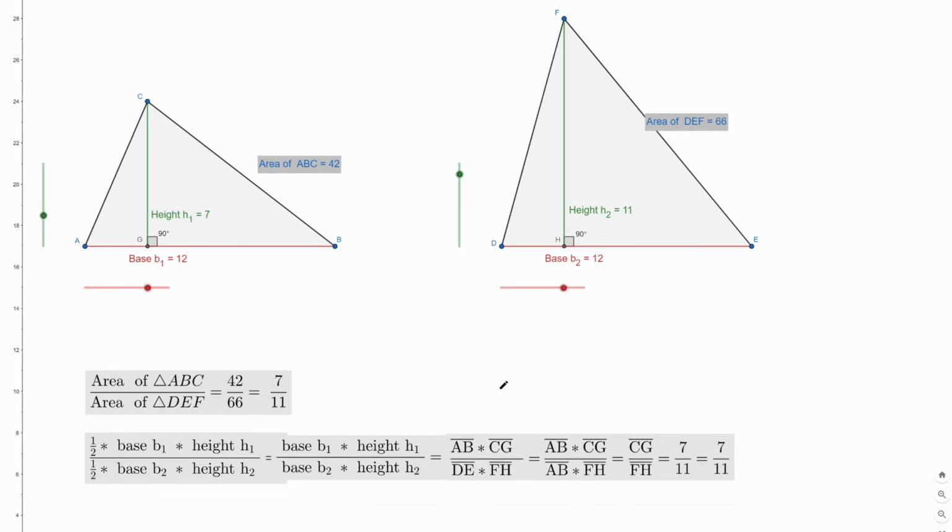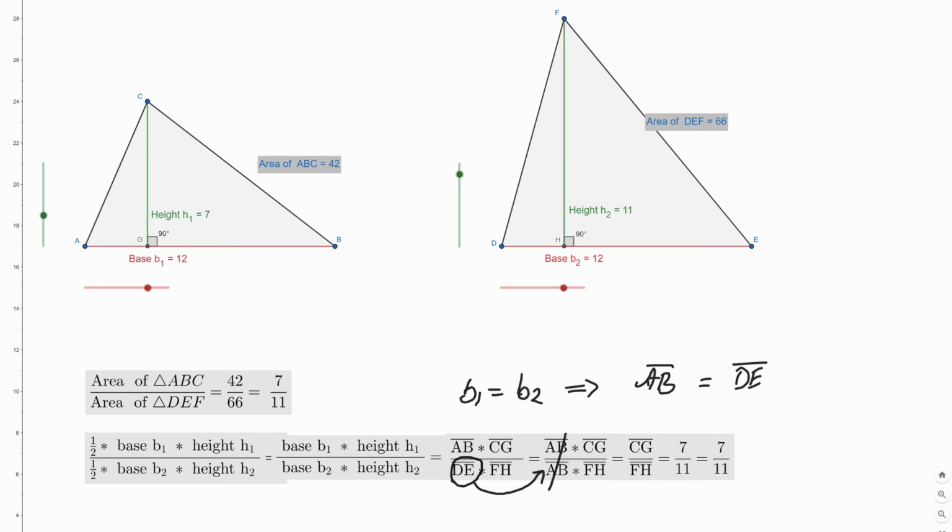So here the bases are the same. That means b1 is equal to b2, which means segment AB is equal to segment DE. So accordingly, if you look here, this segment DE, I replaced it with segment AB.